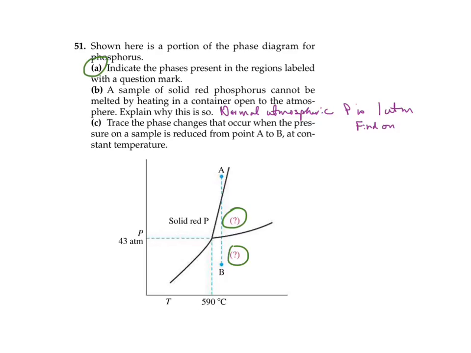So this is kind of like carbon dioxide. If this is 43 atmospheres, what do you think 1 atmosphere is? Okay, down here. So basically what we have going on at atmospheric pressure is sublimation. That's kind of what they're talking about there.